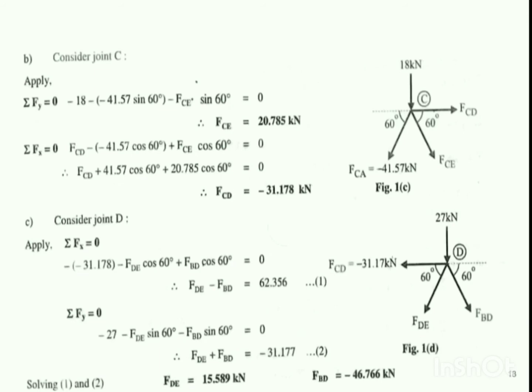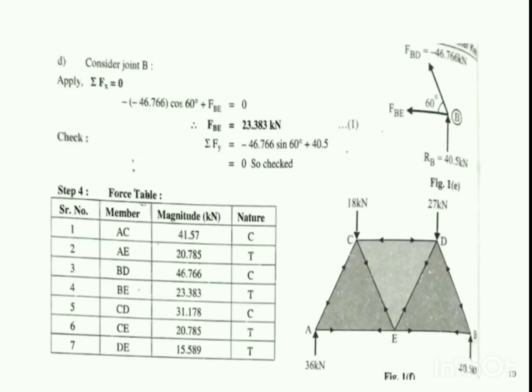Similarly, we isolated joint D to get the unknown member forces FDE, FBD. Next, we are left with only one member force, that is EB. So for that we again need to isolate the joint B and apply conditions of equilibrium to get the value of the force BE.